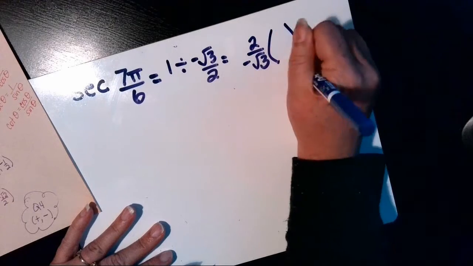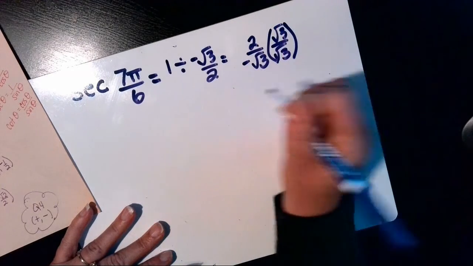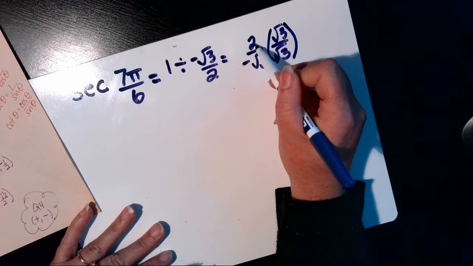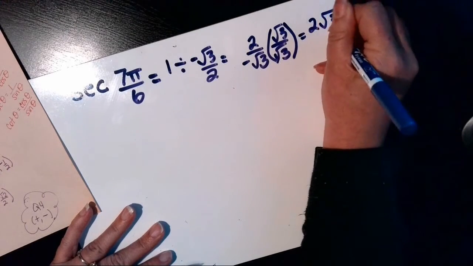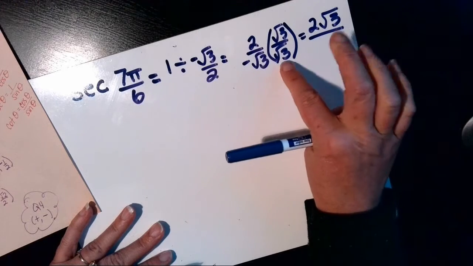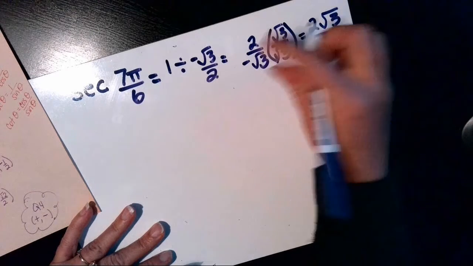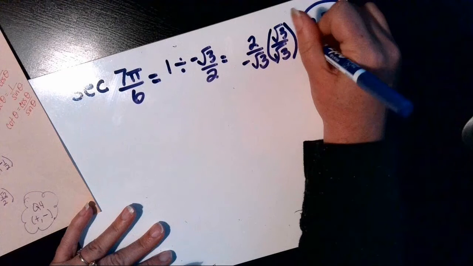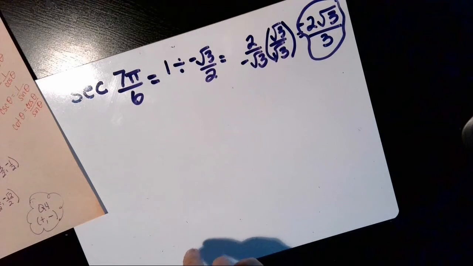But we do have to rationalize the denominator to simplify. So in the numerator, we have 2 square root of 3. And then in the denominator, square root of 3 times square root of 3 is the square root of 9, which is 3. And that's a negative. And so that's our answer, right? The secant of 7 pi over 6 is negative 2 root 3 over 3.